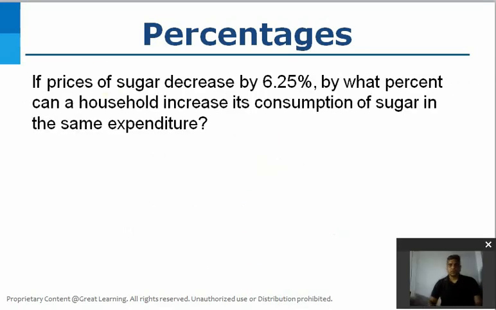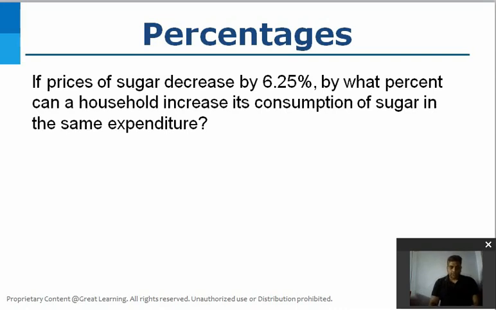So let's start solving a few questions which are of different types. In these questions, what we are trying to find out is what exactly happens when you have a fixed budget and prices increase by a certain percentage, how your consumption will decrease.